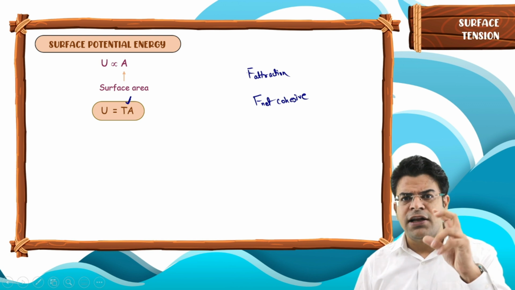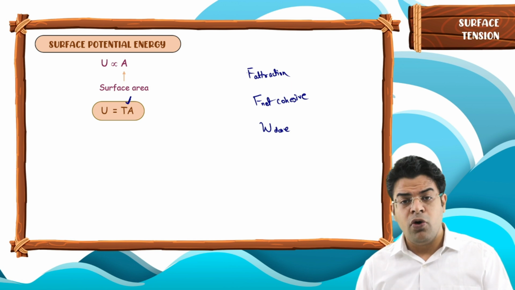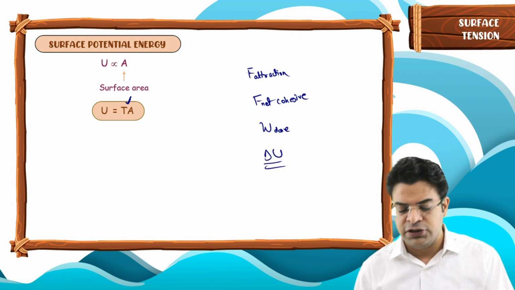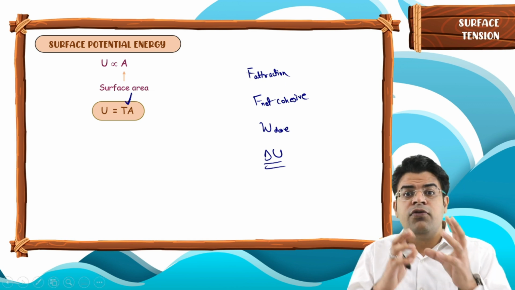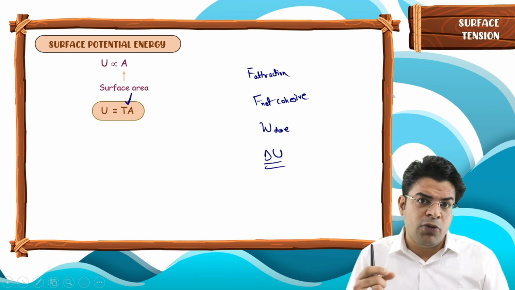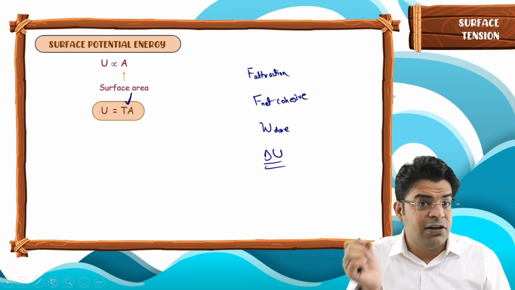The greater the net cohesive force near the surface, the more will be the work done. The more the magnitude of the work done, the more the change in surface potential energy. So for molecules which have a greater force of attraction between them, the surface tension is higher. For molecules which have a lower force of attraction between them, the surface tension is lower.